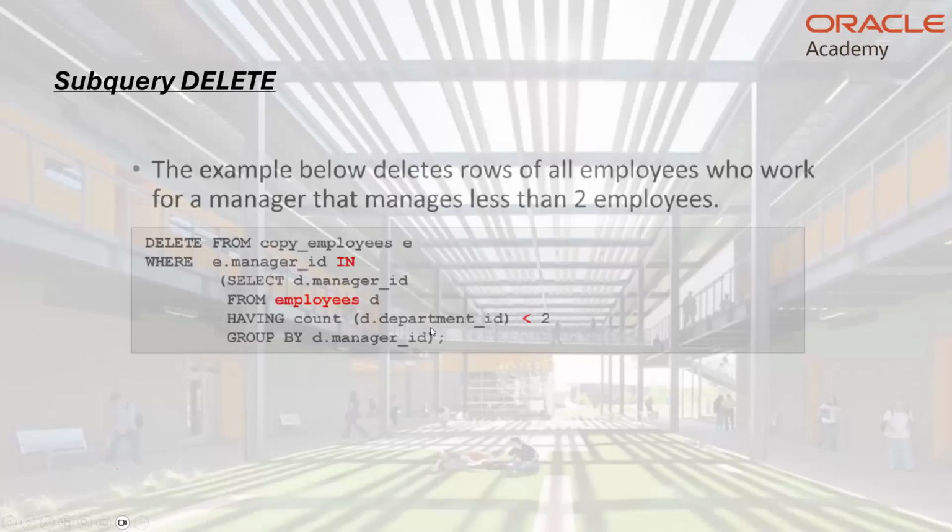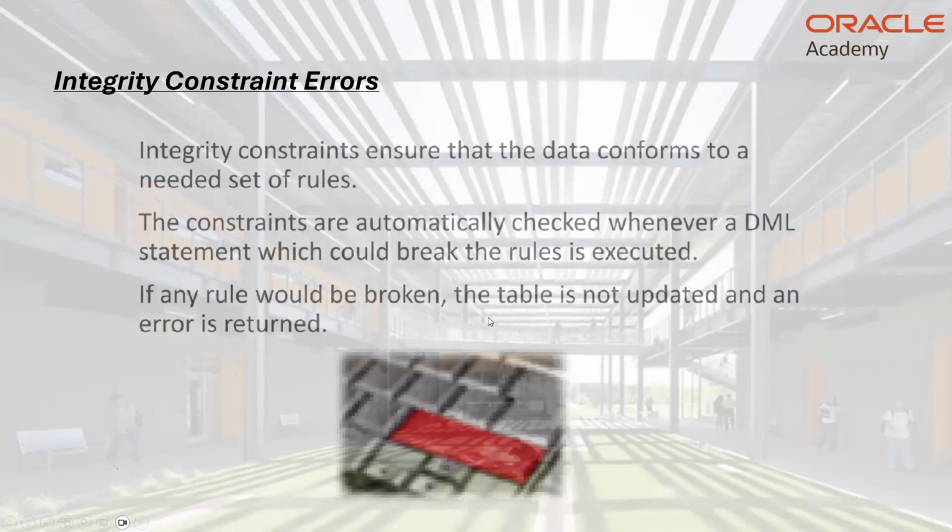Having count department less than 2. This should not be a big mystery to you as far as how you can run this query, and it's relatively safe because it's only going to look at departments with less than 2 employees, as the description states.